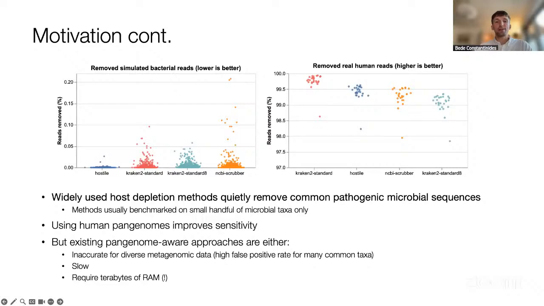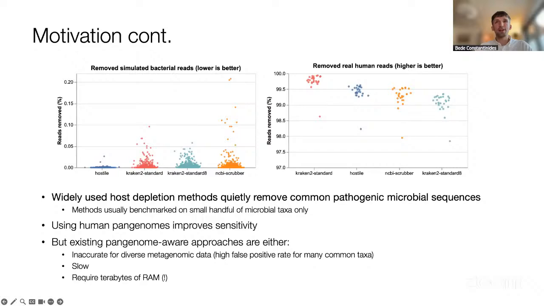You might expect that the method in blue with the lowest false positive rate might suffer in its ability to classify human host reads on the right. And indeed, it's not the best, but it's also mid-pack. It's far from the worst. The method in blue is called Hostile, which I developed around existing approaches, Bowtie2 and Minimap2.